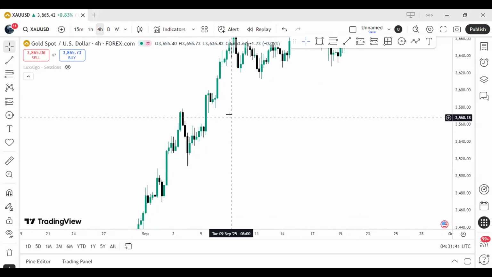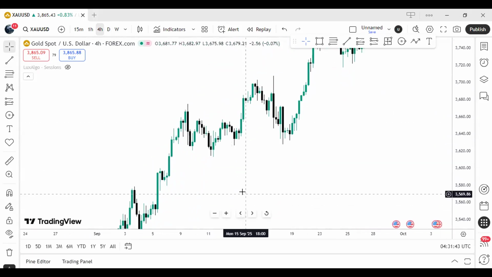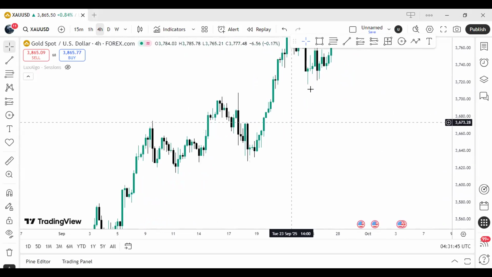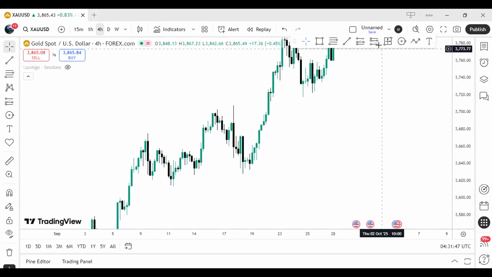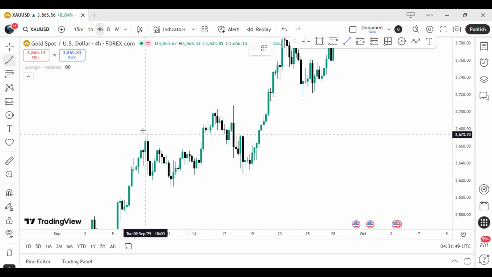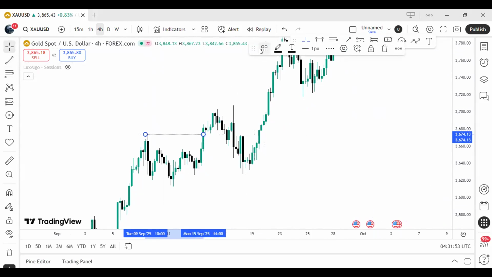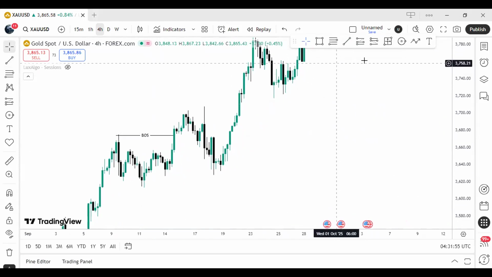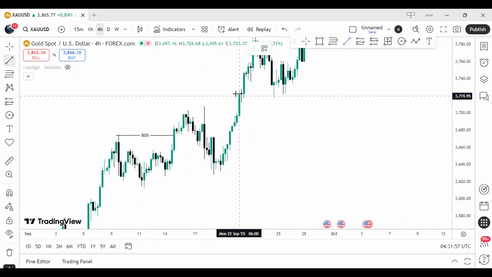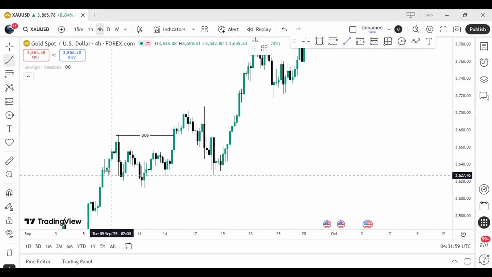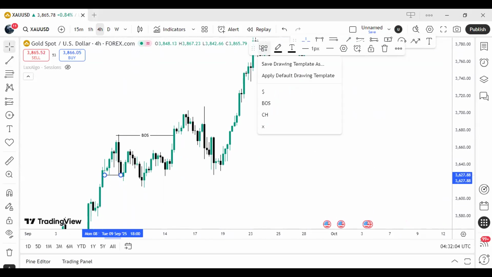What is happening now? Price is also bullish, right? So there is a break of structure here. Let's do a quick backtest. There's a break of structure here. Why? Because there was an inducement taken out here. This was an inducement being taken out.